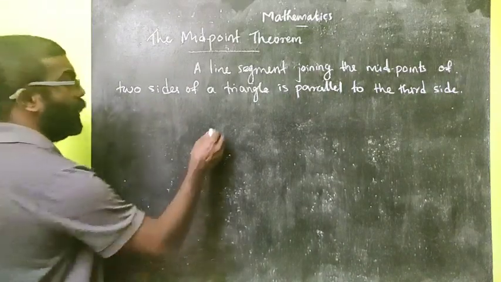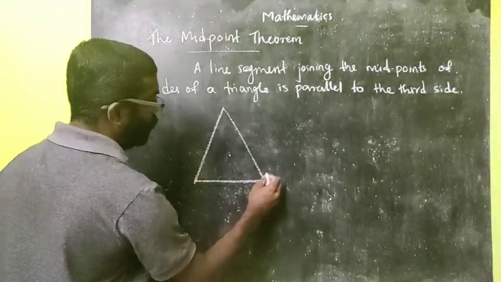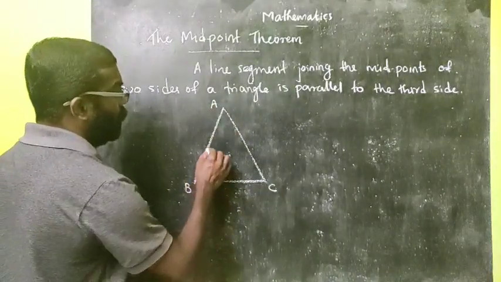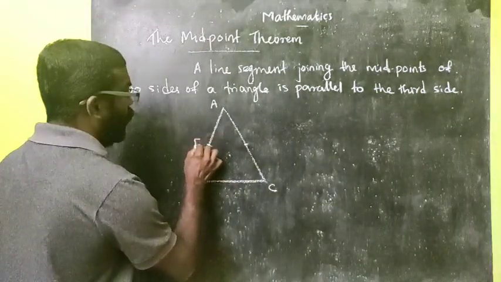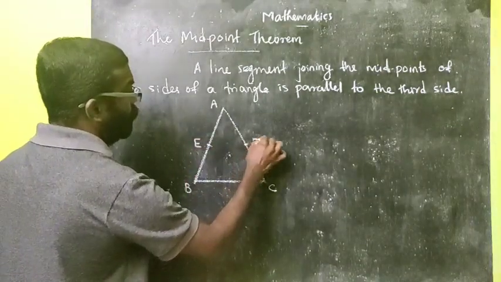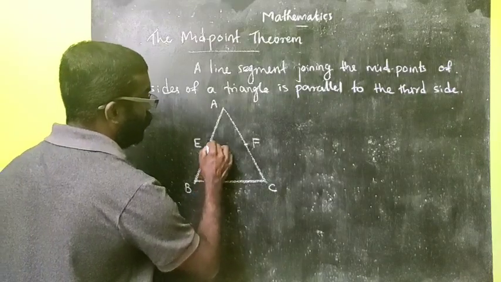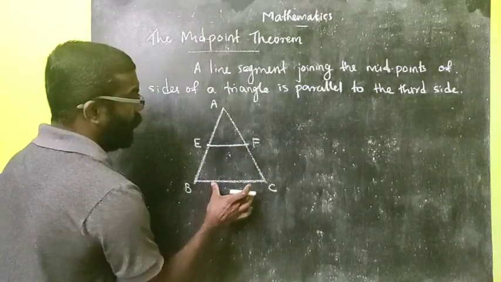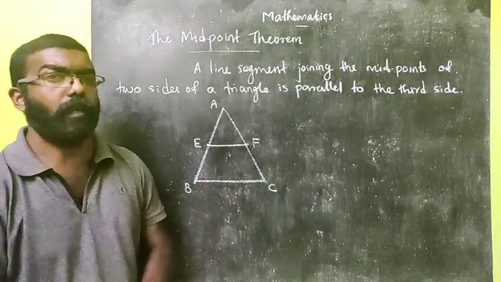Let us consider one triangle, name it as ABC, and take the midpoints of the sides AB and AC as E and F. If we join a line segment connecting these 2 points, that is EF, it will be parallel to the third side BC. That's given in the theorem.